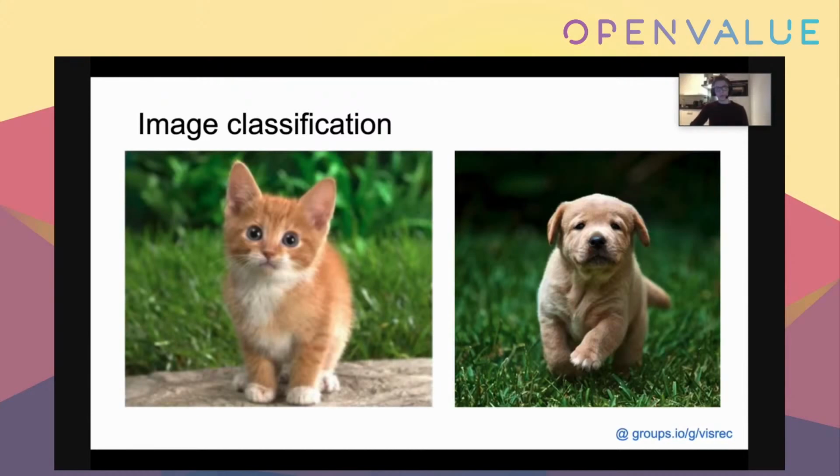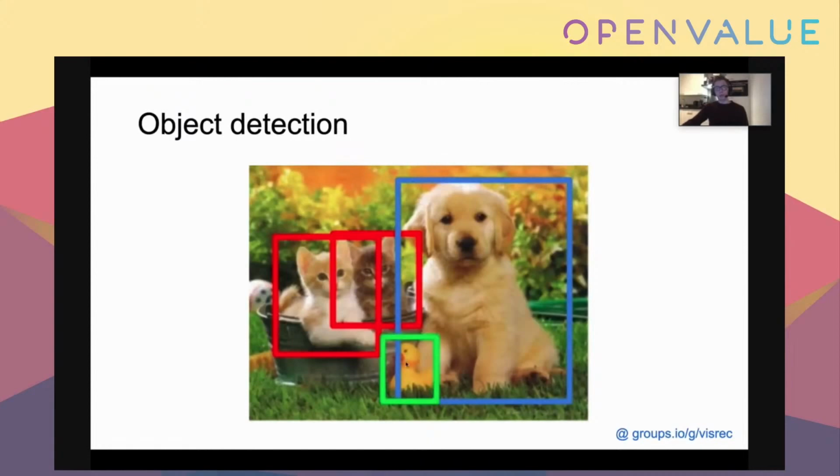When we go a step further, we've got object detection, which, like I said, is able to detect the position of a possible object and classify that position. We've got two kittens here, a rubber duck, or I don't know whether they classify this as a duck, at the bottom, and a puppy again.